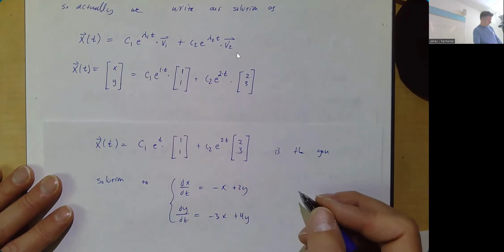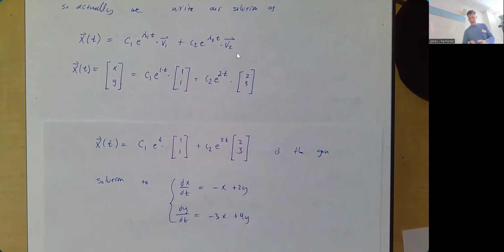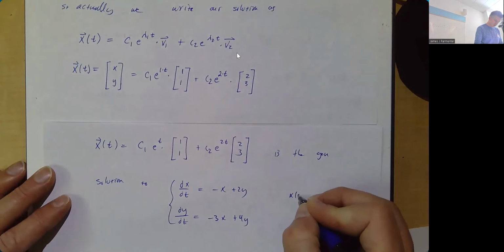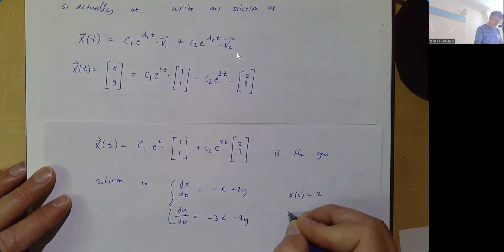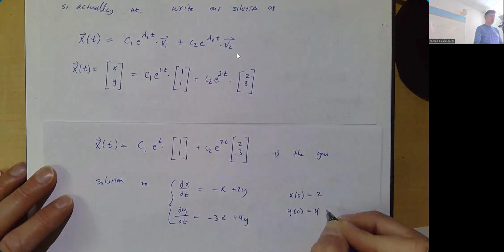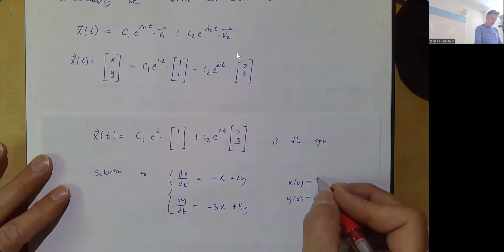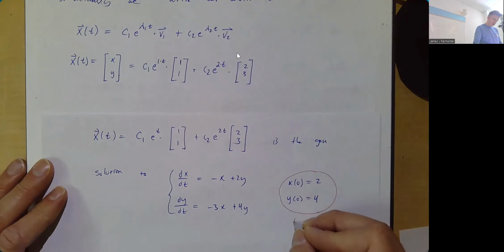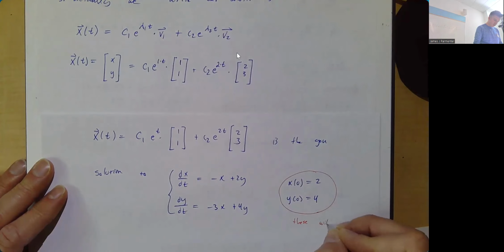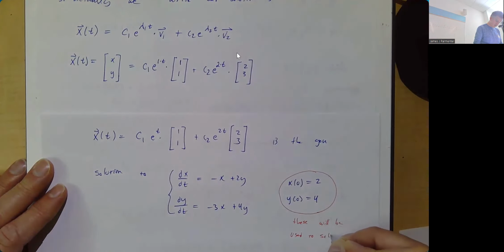And our initial conditions, if I can remember what they were, or I can find them back on the previous page here, was x of 0 was 2, y of 0 was 4. So just like with most differential equations, these initial conditions are what allow us to solve for our constants. So these will be used to solve for the constants C1 and C2.